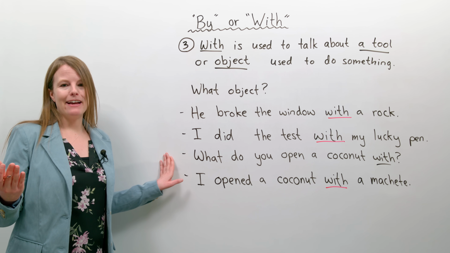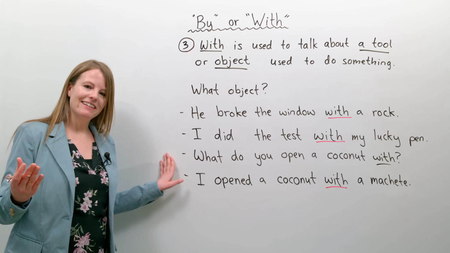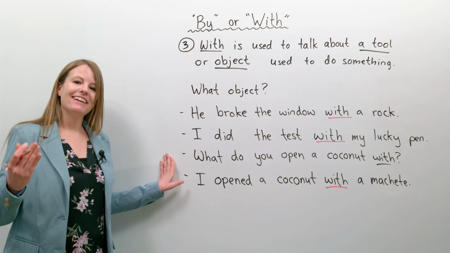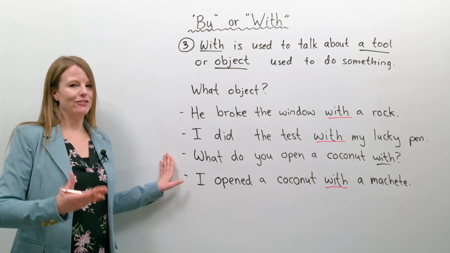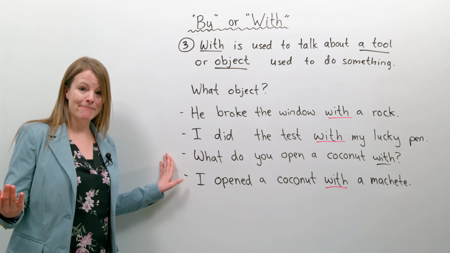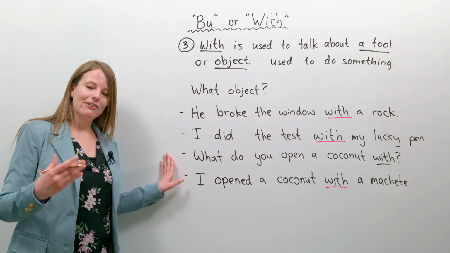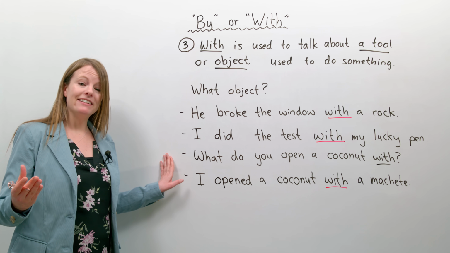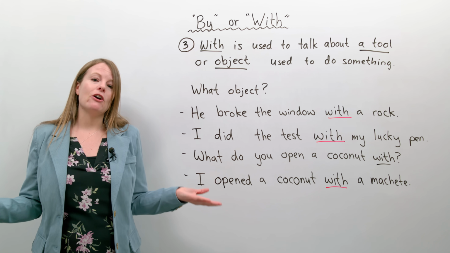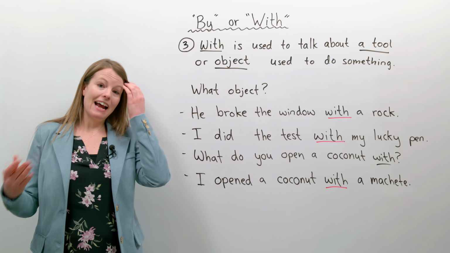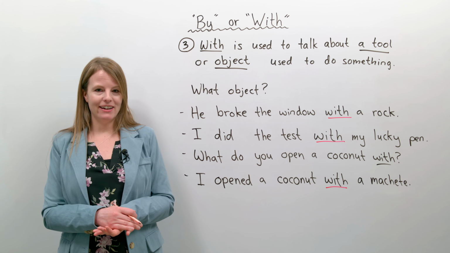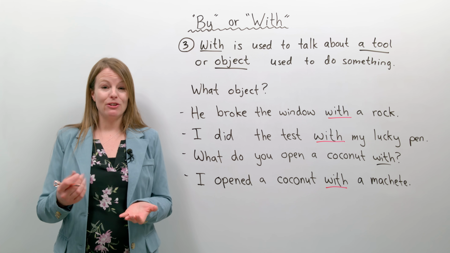Okay, here's another example. When I was a kid, I could not figure out how to open a coconut. For people in other countries, you might eat coconuts all the time. But for me, I never ate coconut when I was a kid. So the first time I wanted to eat a coconut, I didn't know how to open it. And I wondered, what object do I use to open a coconut? Do you use a knife?